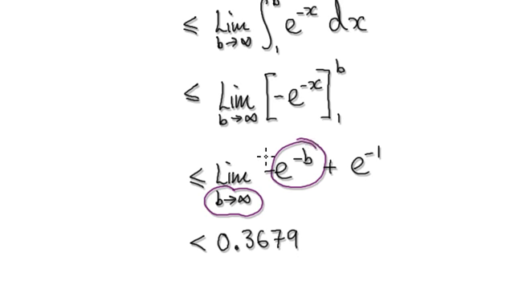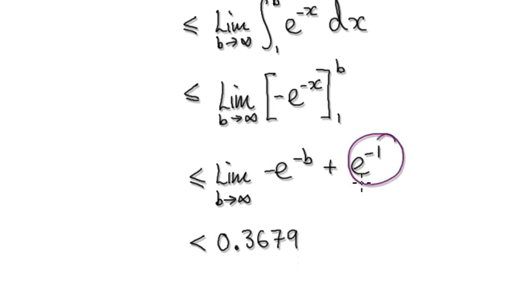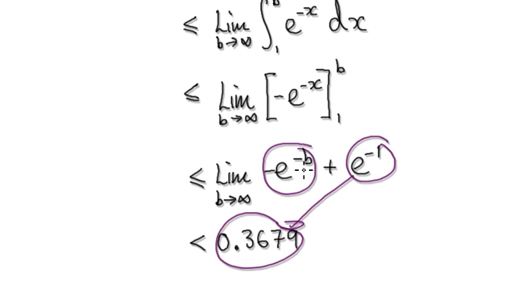So really you're taking away a number that's very, very close to 0. This thing here will head towards 0, so you would just end up with this. This thing here is this thing here, and then you're taking away a tiny bit.